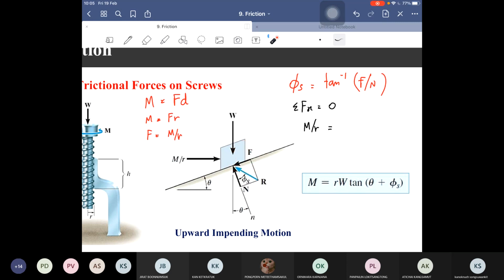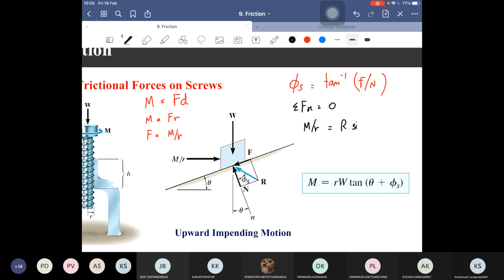But we have to resolve the F and make it Fx first. Okay, you can use F or use R. If you use F, you have to resolve two forces, F and N. But if you use R, you resolve just one force. So I will use R and resolve this force R to make Rx.